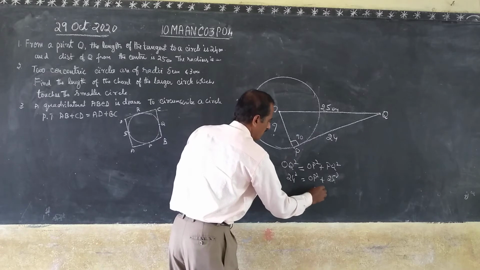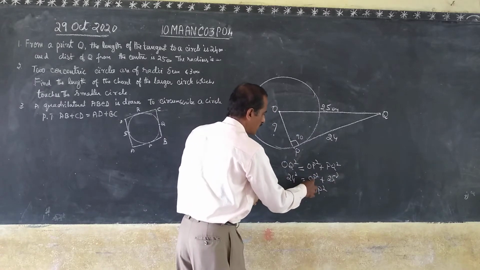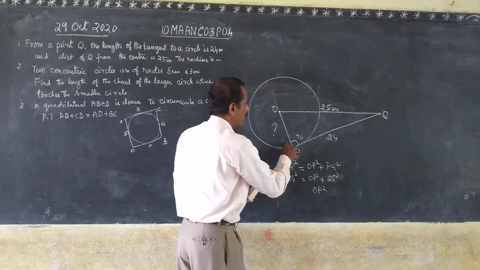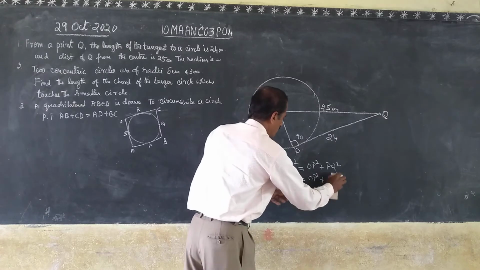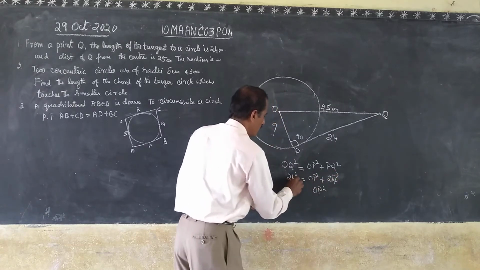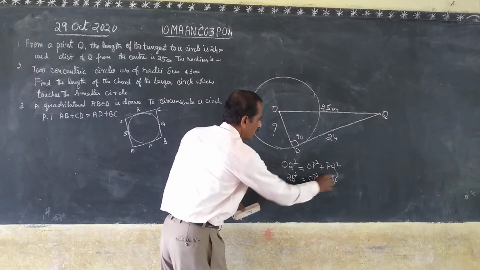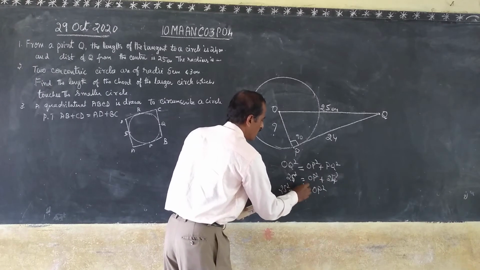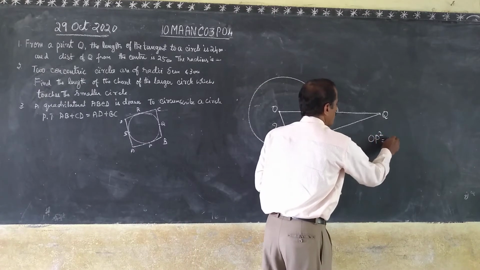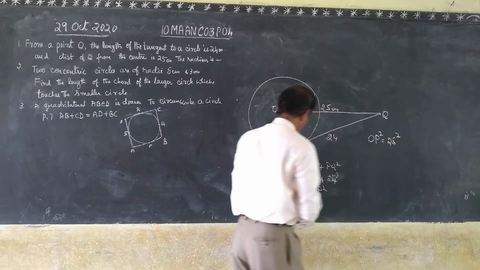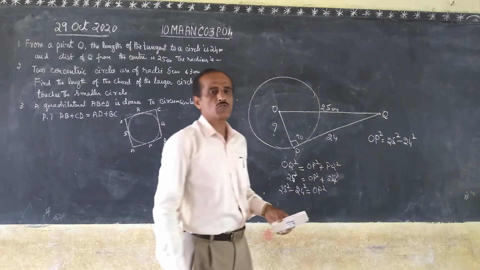Therefore, OP square is equal to, bringing this 24 to this side, OP square is equal to 25 square minus 24 square.